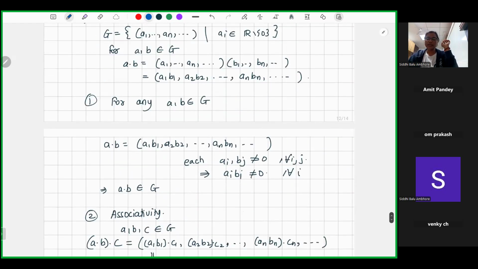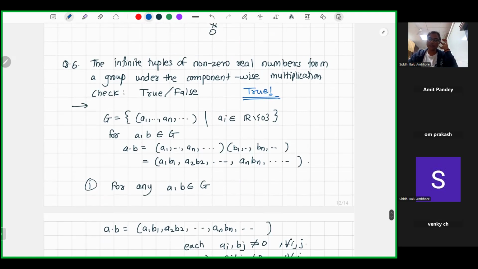Here, note that there was no special significance of choosing R with component-wise multiplication.